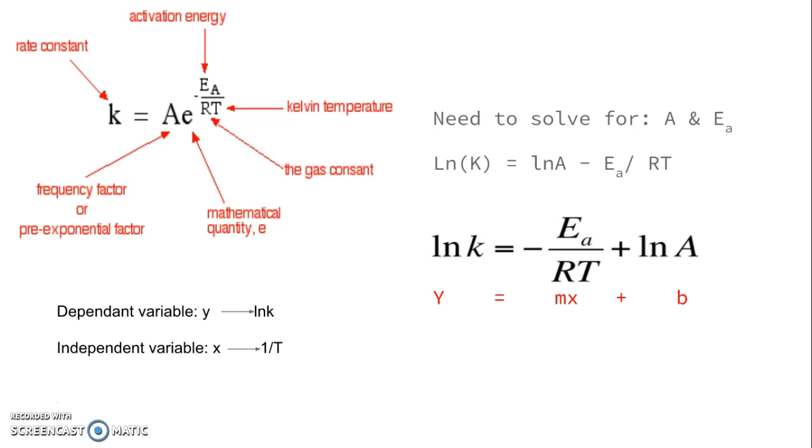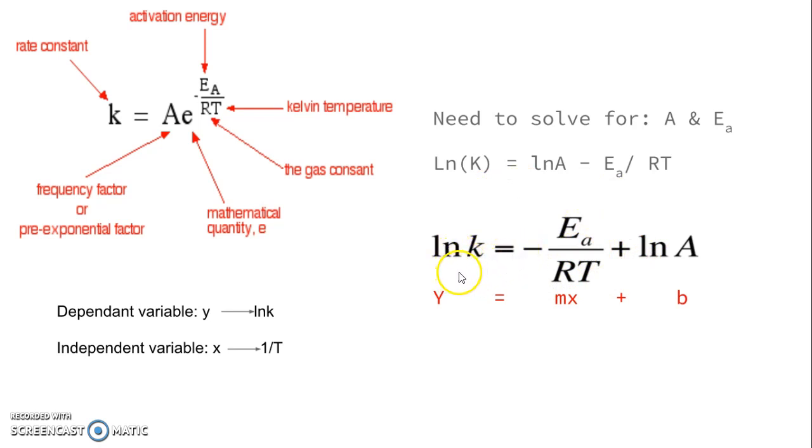The determination of these two factors is made graphically, and in order to do that, we know that this is a first order reaction, so we're going to take the ln of that equation and we're going to get ln of k is equal to ln of A minus Ea over RT. If we look closely, we know that this is going to be a linear equation, so we're going to rearrange it so it's easier to see.